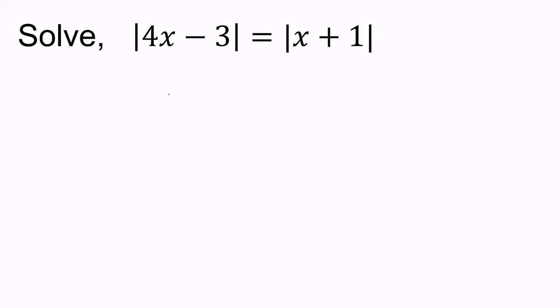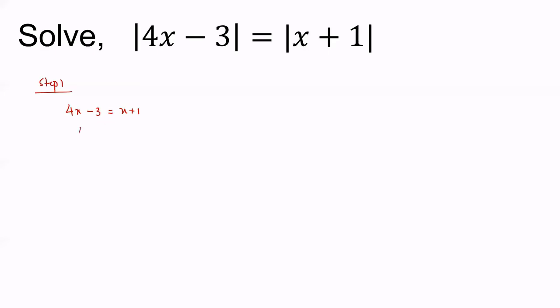All right, in order to solve this equation, we adopt the same way as we did in the previous two examples. So we consider the positive side, as in step 1. Just assume that 4x minus 3 is positive. So it's 4x minus 3 equal to x plus 1.